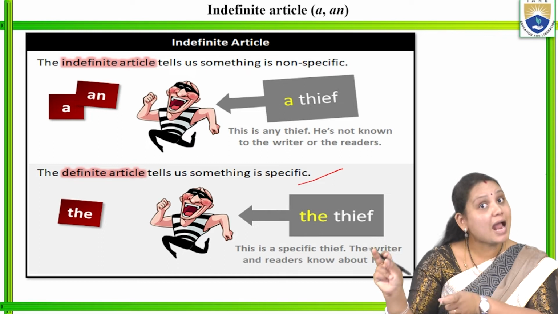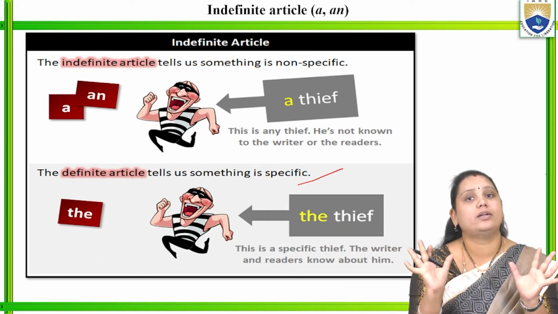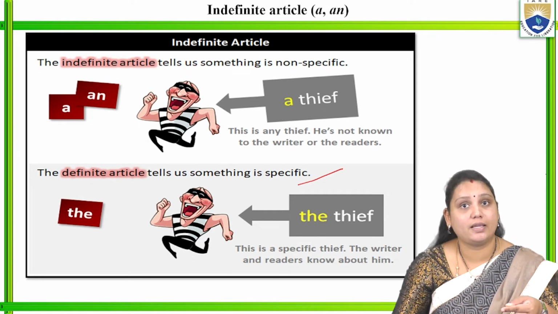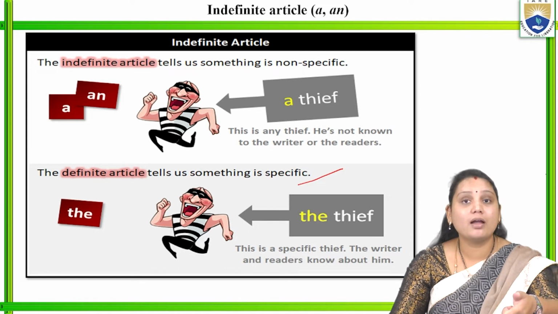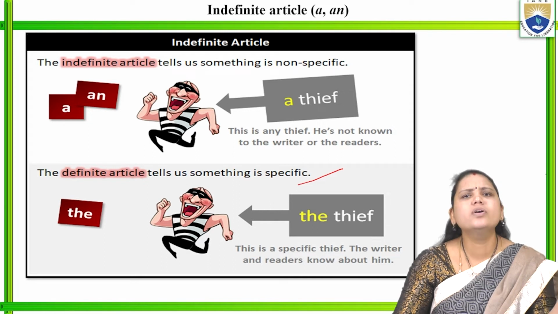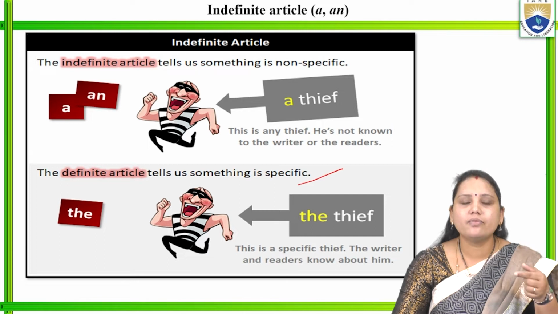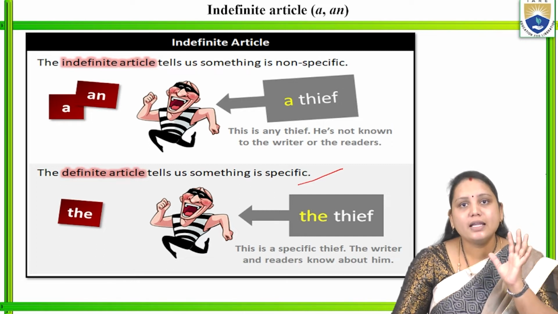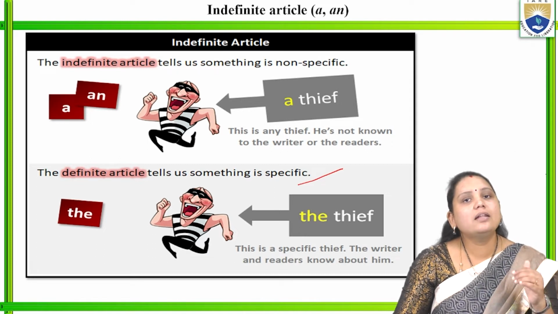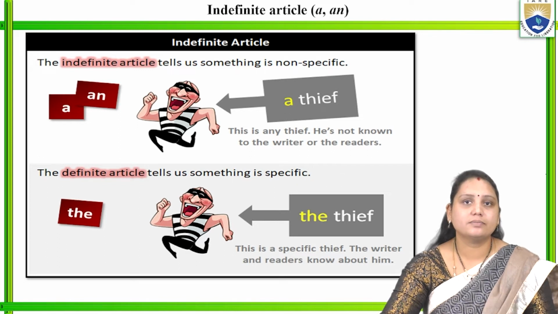We are talking about that specific thief. So, here we are making the reference specifically in the second context. Whereas in the first context, it is a thief. I have seen a thief. Who is that thief? You don't know. There are many thieves. You have seen a thief. So, in that way, 'a' and 'an' indicate common things, general things, while 'the' indicates the specific reference.